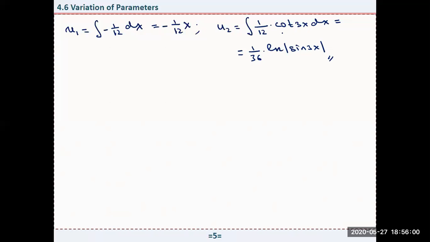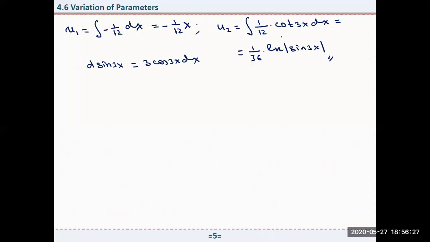Because this cotangent is cosine over sine, and we can bring this cosine into the differential. At that time, we will have d sine of 3x, which is equal to 3 times cosine of 3x dx, right? And here we have 36, 3 over 36 equals 1 over 12.